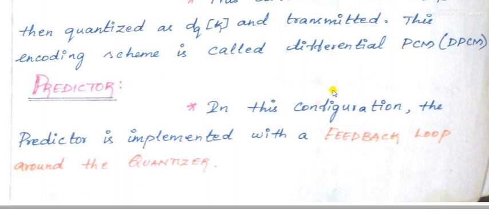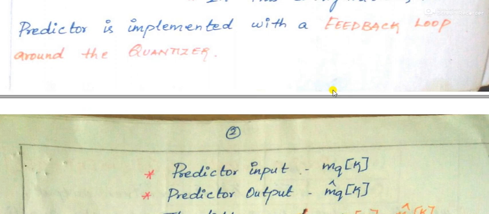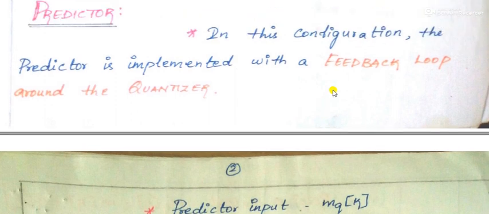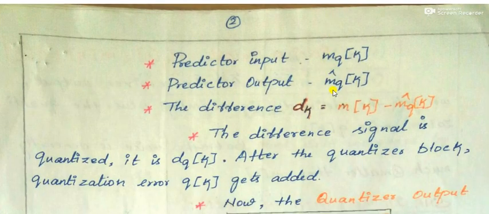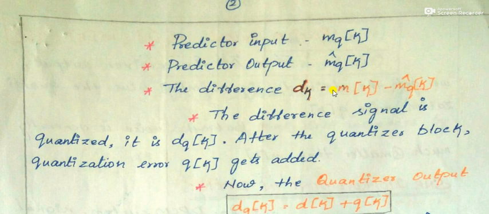Next one, predictor. In the block diagram, the predictor is implemented with a feedback loop around the quantizer. In that feedback loop, the predictor input is denoted as mq of k and the predictor output is mq of k cap. So the difference is m of k minus mq of k cap.